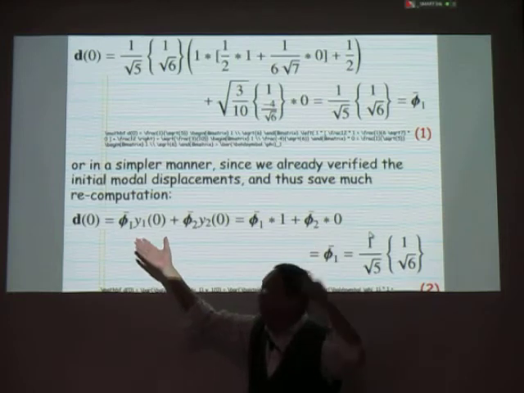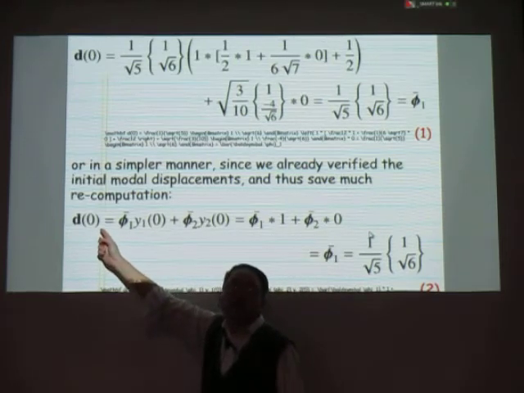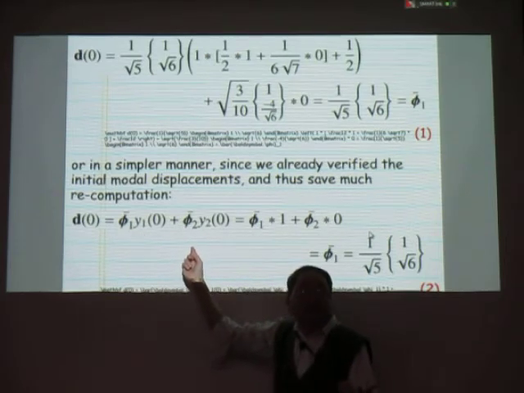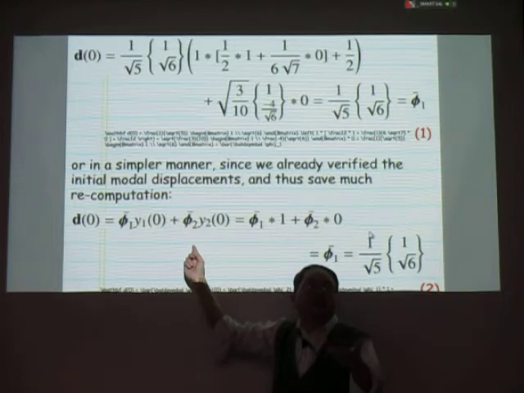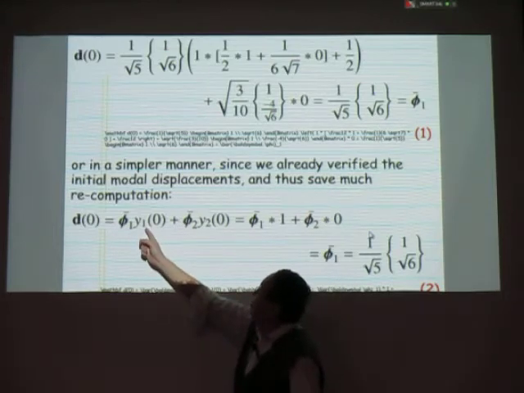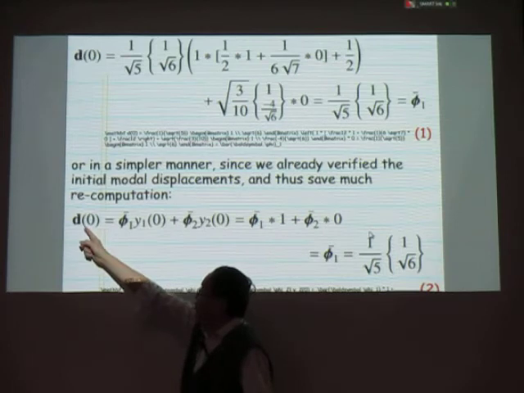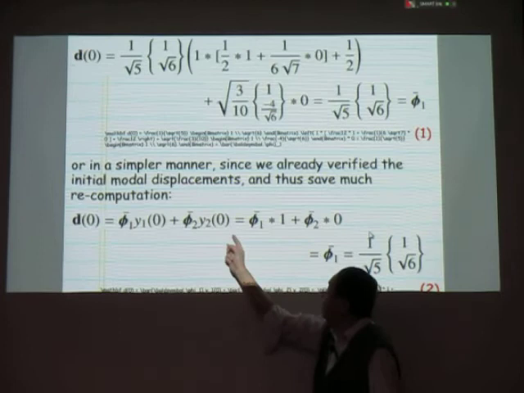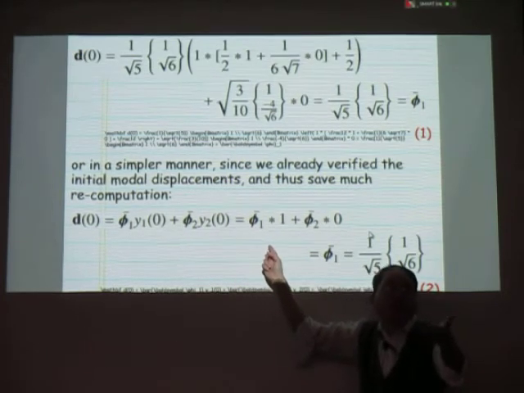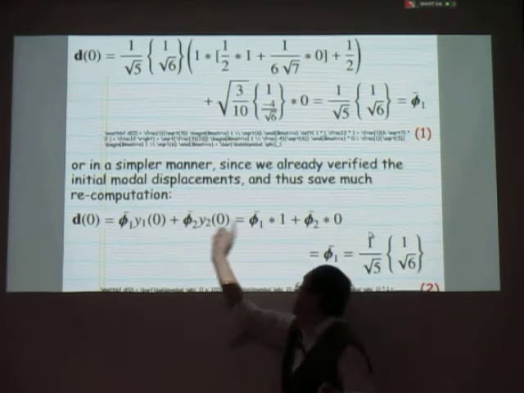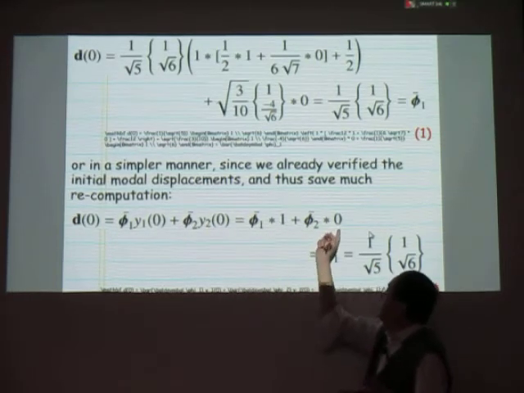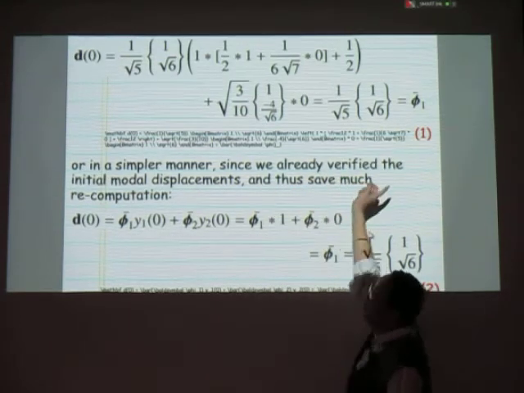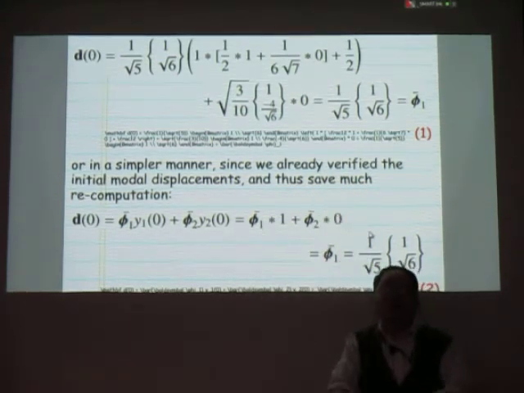You come back to the expression that gives you the original displacement in terms of the modal displacements y1 and y2, and you just replace t equal to 0: t equal to 0 for the matrix D, for y1, for y2, and you remember the modal initial conditions. y1 at 0 is 1, y2 at 0 is 0, and voila. You get the result immediately without having to go through all of these pedestrian low-level calculations.